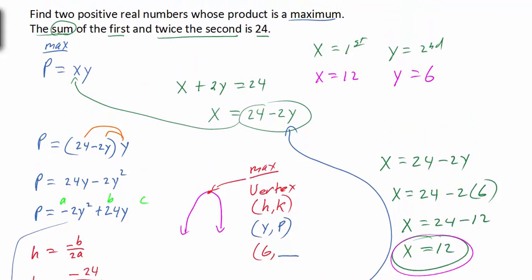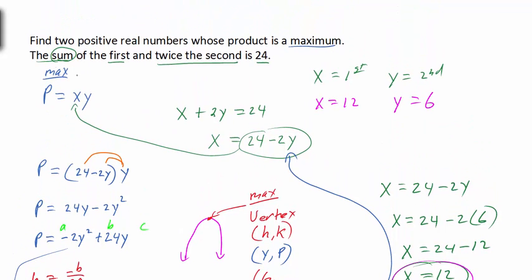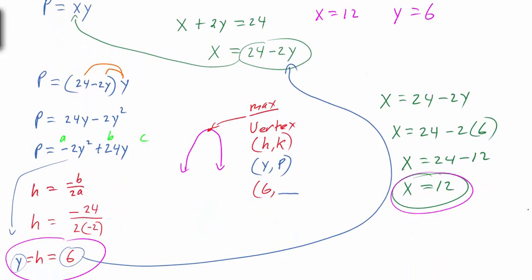Now, let's see if this works out. It says the sum of the first and twice the second is 24. So the first is 12, and twice the second, so 2 times 6, is 12. So 12 plus 12 does equal 24. And what we're saying is if we multiply the 6 and 12 together, what does that equal? Well, 6 times 12 is going to give you the maximum product, and 6 times 12 is equal to 72.